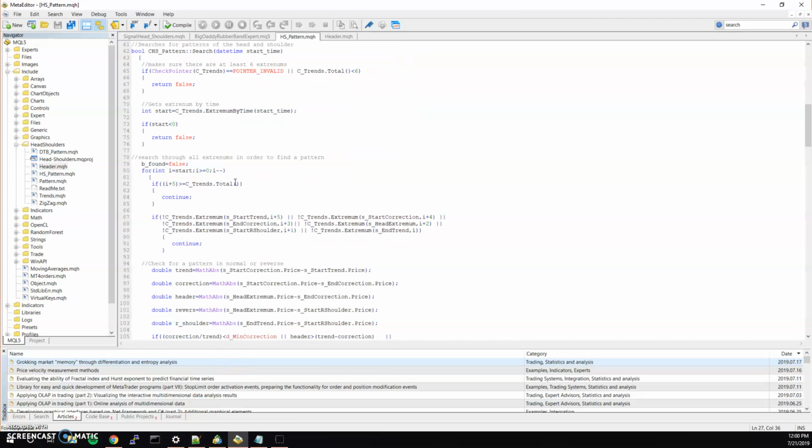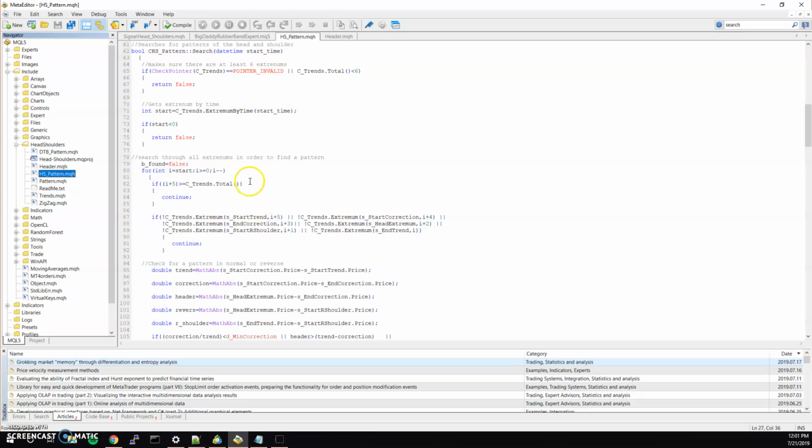Okay? The major functions that are powering this signal, the first one, in the CHS pattern, or the HS pattern file, is the search. What this search does is tailored towards a head and shoulders pattern and checks different extremums. Extremums are peaks, highs, and lows, essentially. So that's what we need to detect our shoulders and our head: we need highs and lows in the chart.